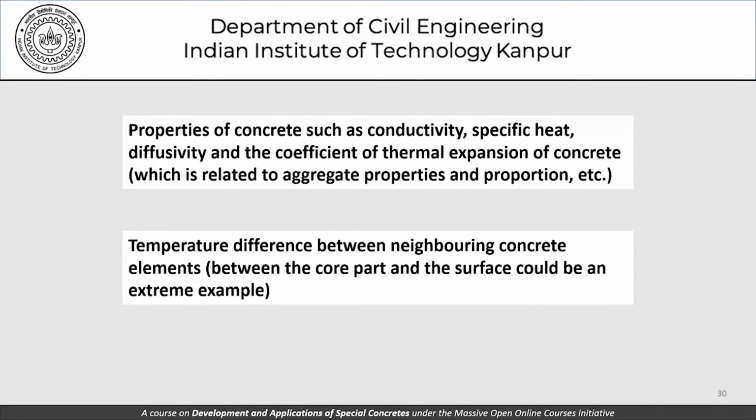The temperature difference between the neighboring concrete elements, between the core part and the surface, could be an extreme example. So this temperature difference drives the rate at which the heat is being conducted through the concrete.